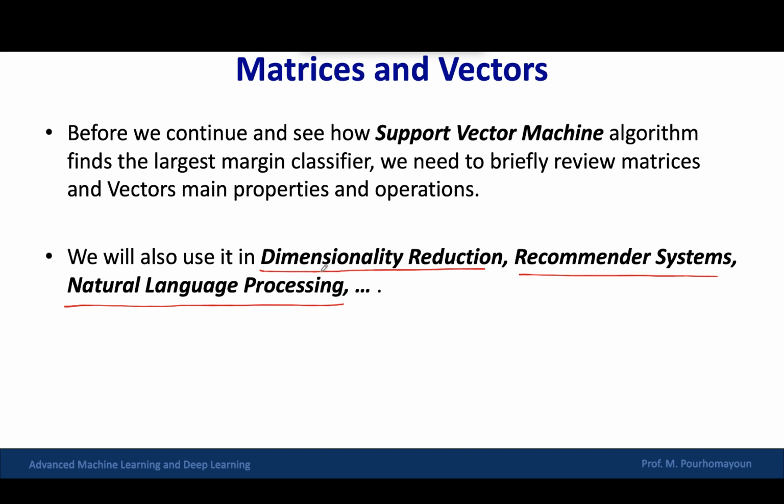So I'm going to talk a little bit about it. Before we continue and see how the support vector machine algorithm finds the largest margin, we need to briefly review some topics from matrices and vectors. I'm sure many of you know these things from algebra class, but we will just review the topics that we need for support vector machine, and then later for dimensional reduction, recommender systems, and natural language processing.